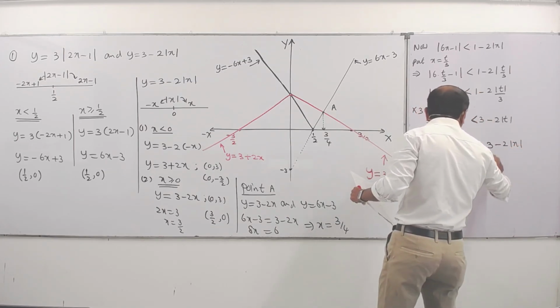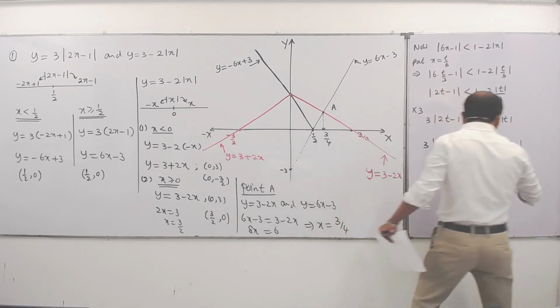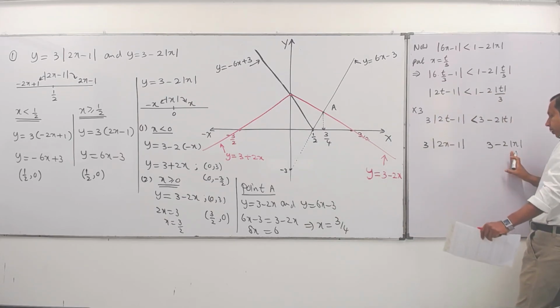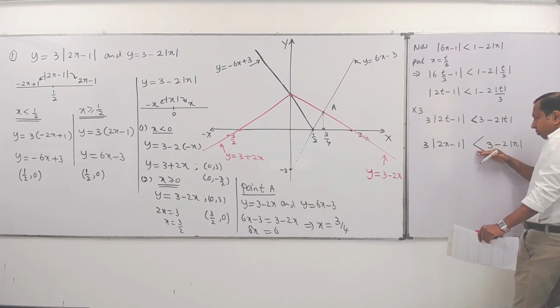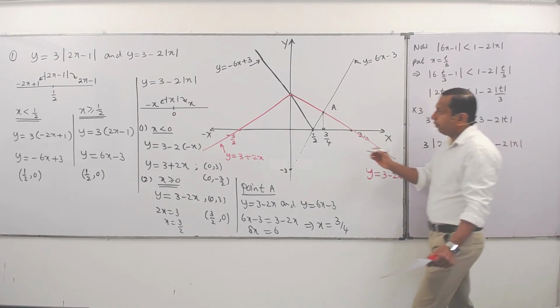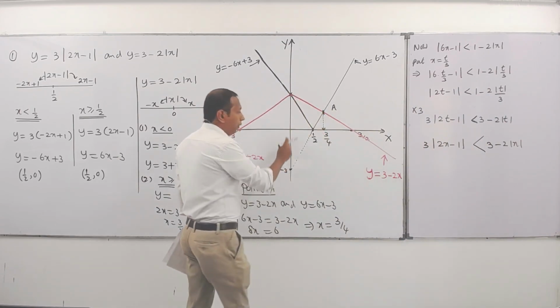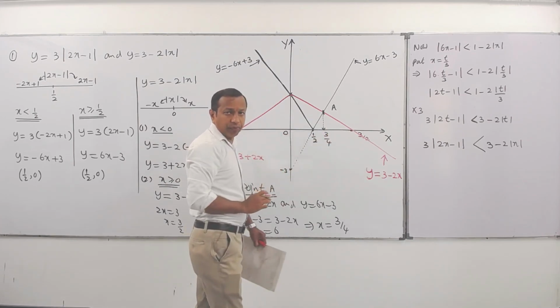Now if I consider the range, 3 − 2|x| is the red graph, I am going to find the interval of x where the red graph is above the black. That happens between this point and this point, that is, in terms of x between 0 and 3/4.